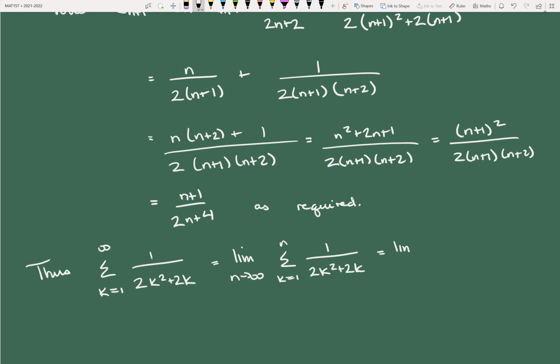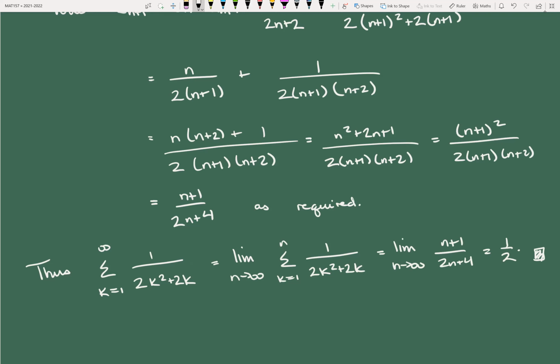So we can plug that in. So n plus 1 divided by 2n plus 4, and that's going to be 1/2, like so. Okay, so again, here is an example where we were able to find a closed form expression for the partial sums. Generally, this is really, really tough to do, but there we go.